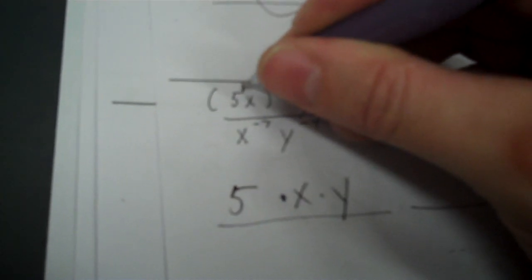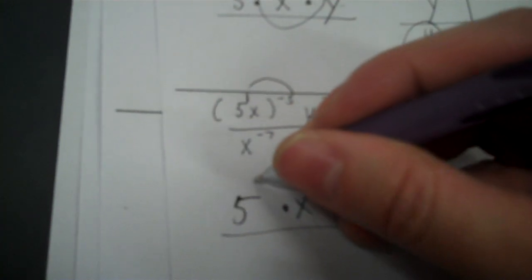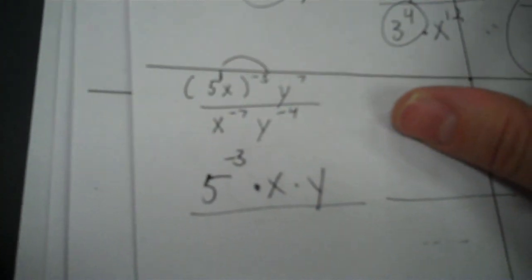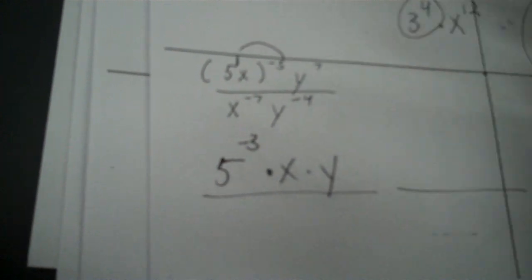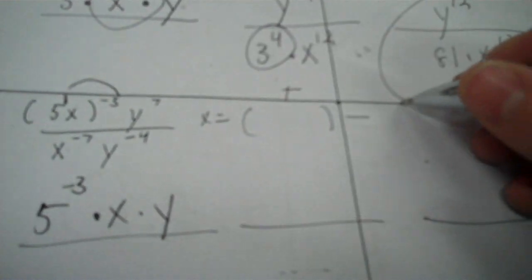Okay, now let's figure out the exponents. 5 is to the 1. I take 1 times negative 3. That's negative 3, because I need to distribute. Now x, you got top and bottom x. So you want to set up x equals top minus bottom. Now there's a single x on top, so I'd put a 1. 1 times negative 3 is negative 3.